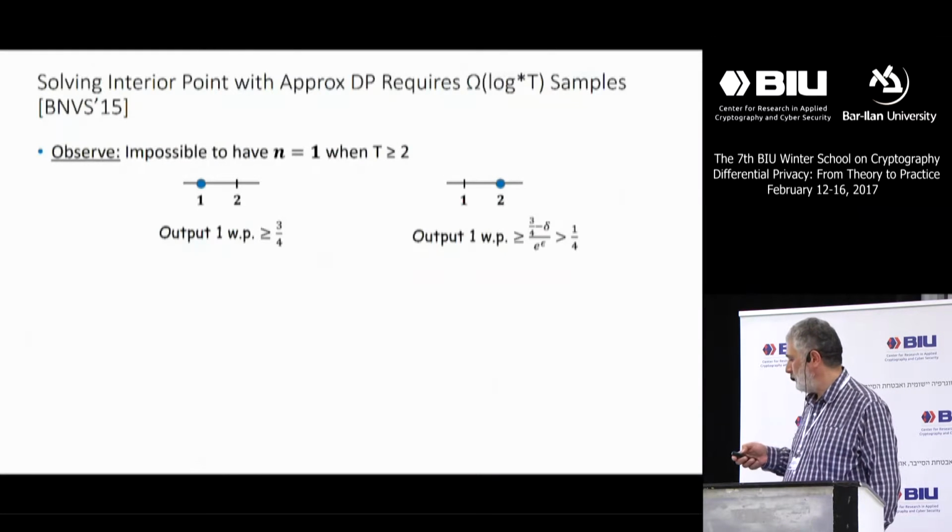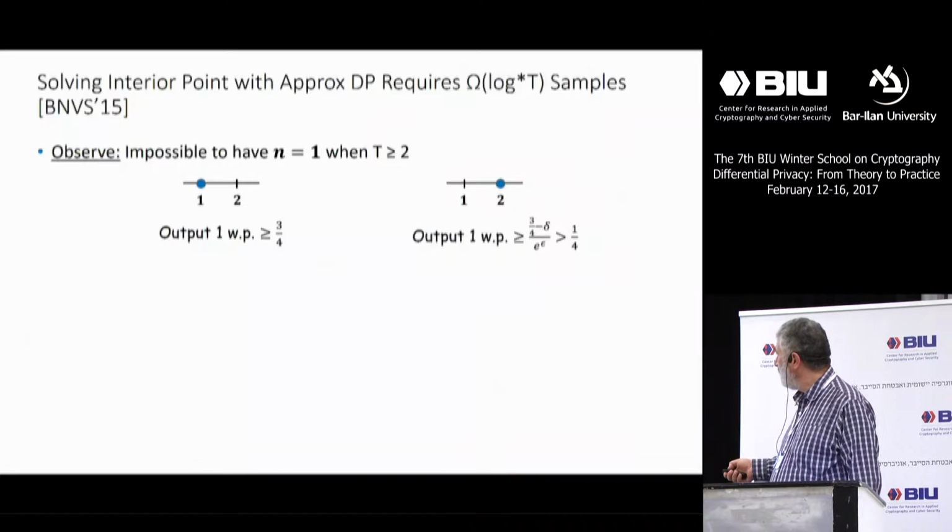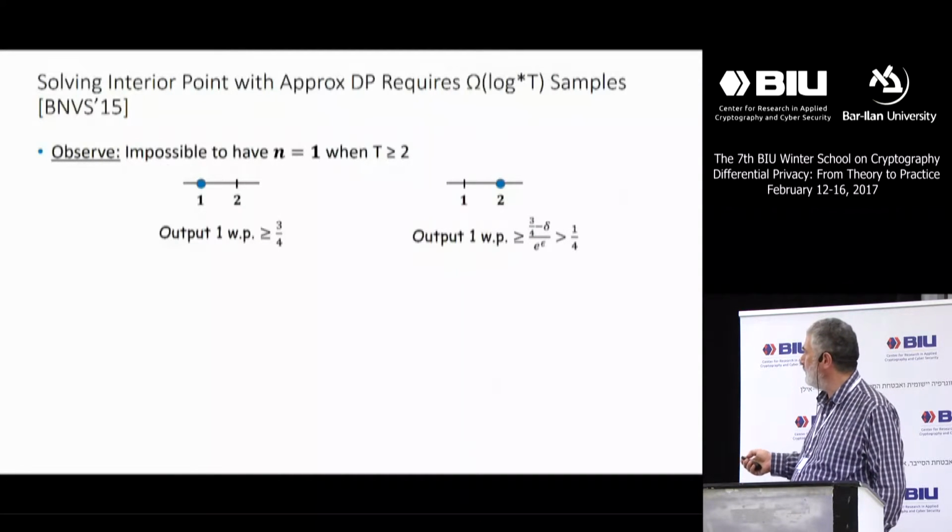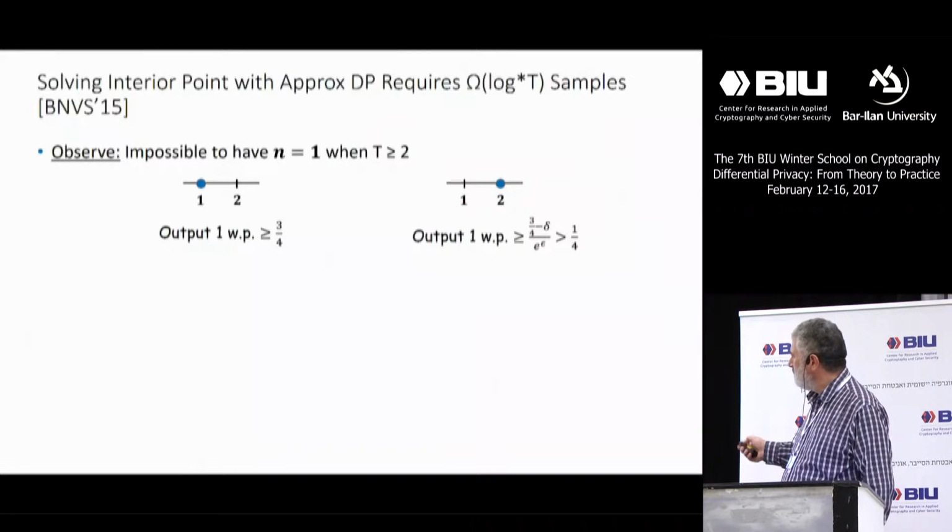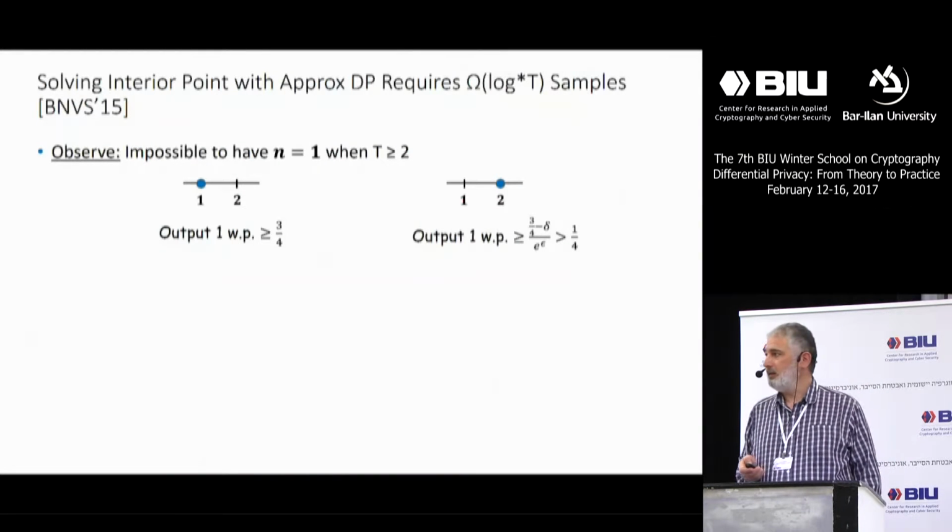Okay, so if you output a 1 here, then it's the wrong answer. So if epsilon and delta are not too big, you're getting that. Okay, is that clear?